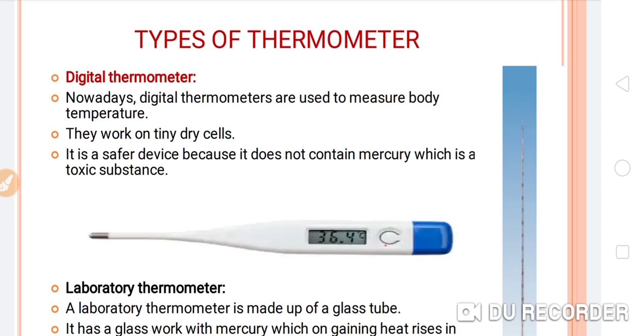They work on tiny dry cells, meaning a cell provides the energy. It is a safer device because it doesn't contain mercury, which is a toxic substance. This is the advantage of the digital thermometer over the traditional clinical thermometer.